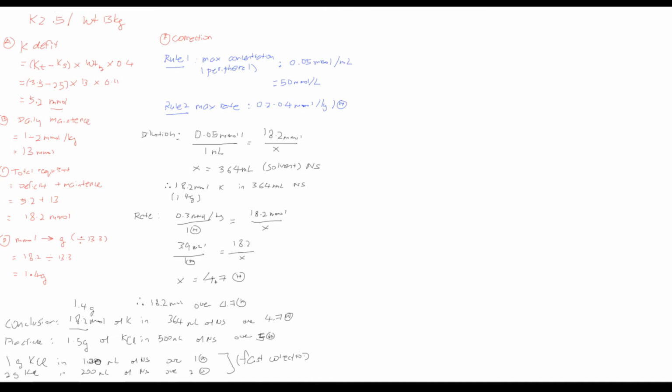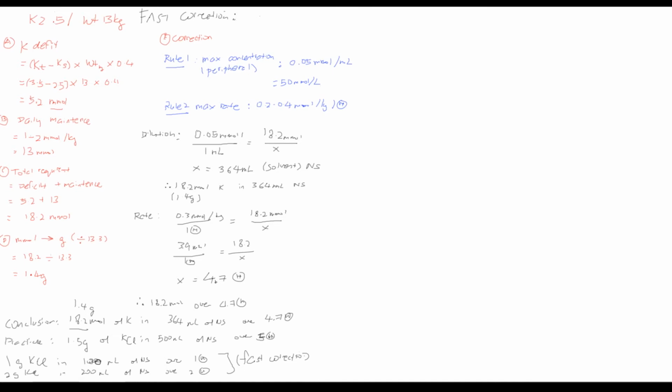So all that we have calculated here is actually for fast correction, which means that we want the potassium to be corrected, as the name implies, fast. In what cases do we want the potassium to be corrected fast?